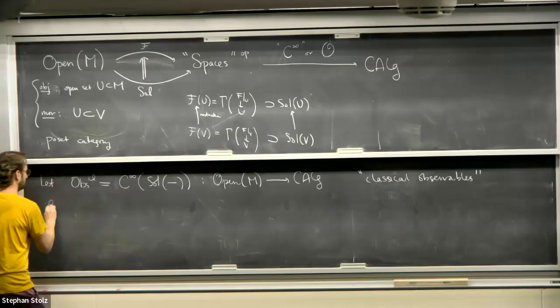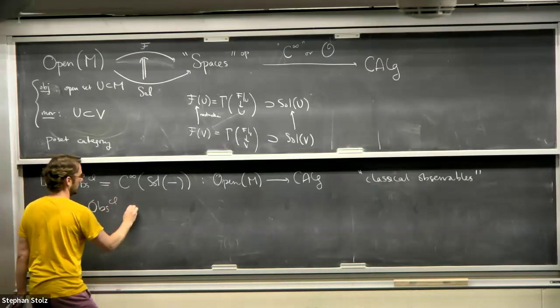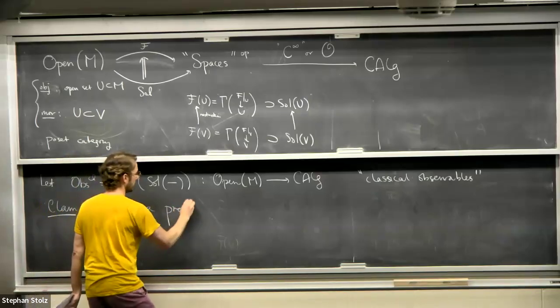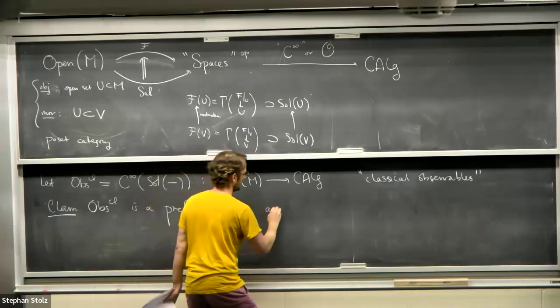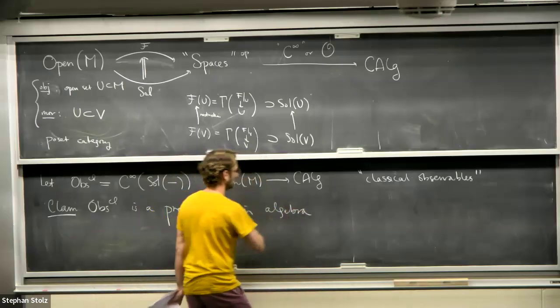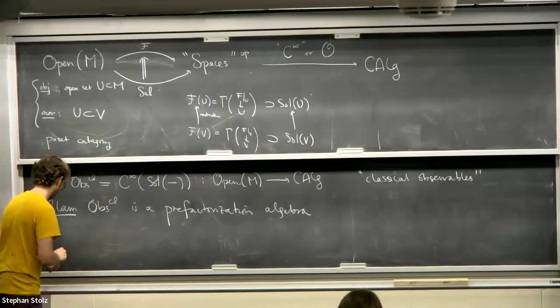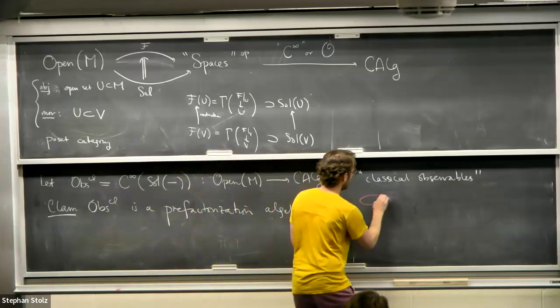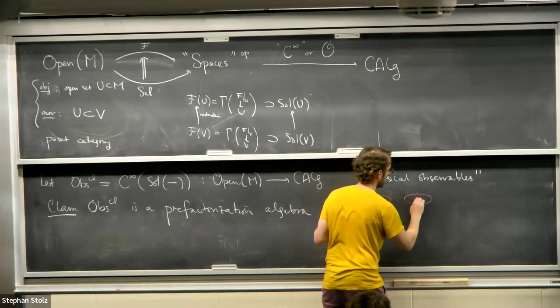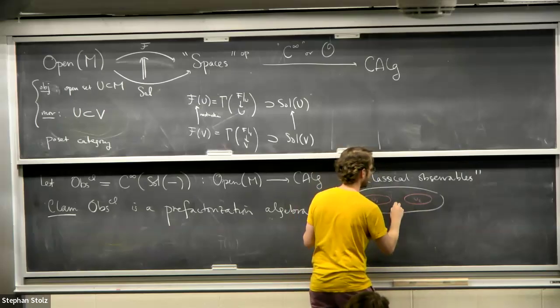The claim is that Obs classical is a prefactorization algebra. Let me sketch why. Suppose I have an open set U1 and an open set U2, contained in some big open set.